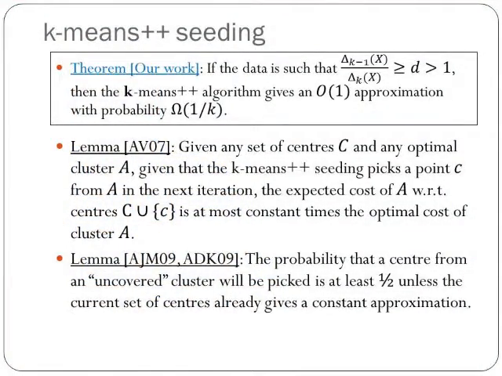Now, what is implicit in our result and in Agarwal, Deshpande and Kannan's work is the following lemma: the probability that a center from an uncovered cluster will be picked is at least half, unless the current set of centers already gives you a constant approximation.